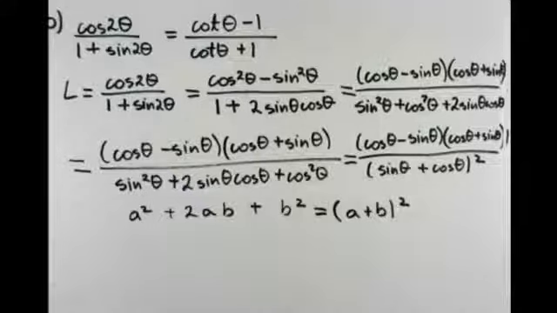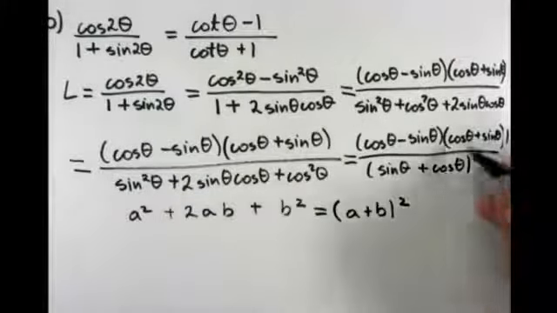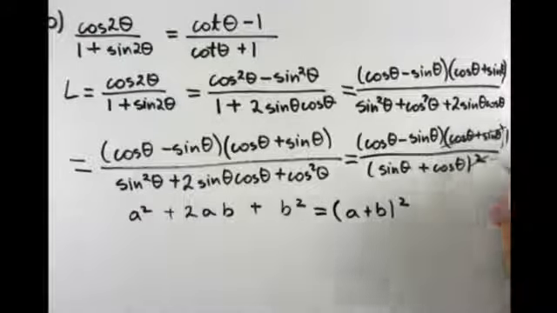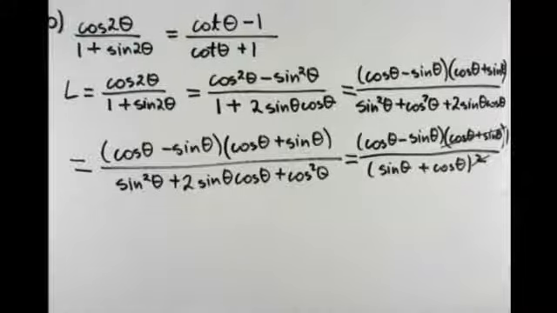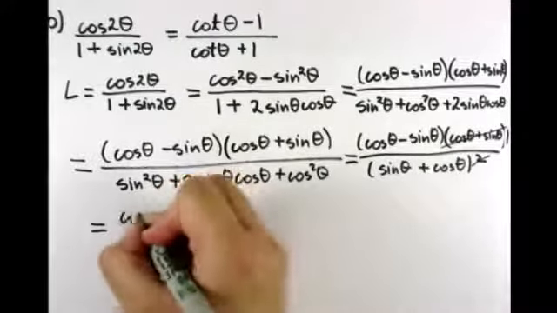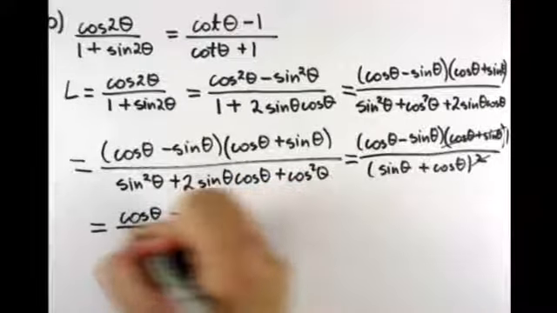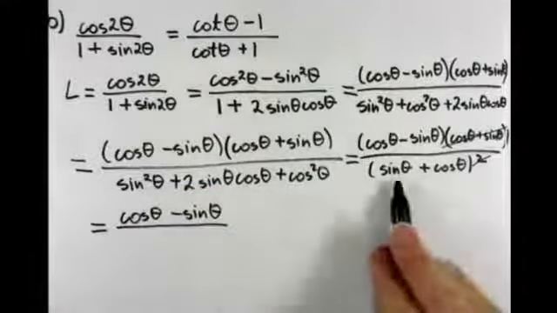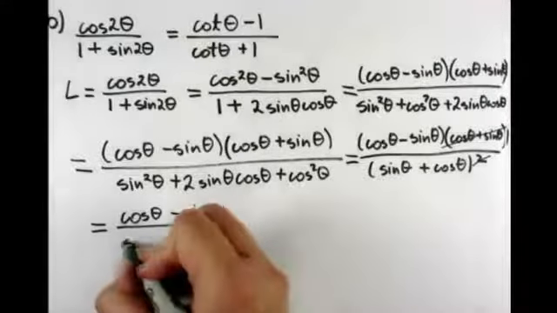And now the brackets cancel out. Cos plus sine and sine plus cos are the same. So this bracket and this square cancel out. What I'm left with is cos theta minus sine theta over sine plus cos, which I'm going to rewrite as sine plus cos.